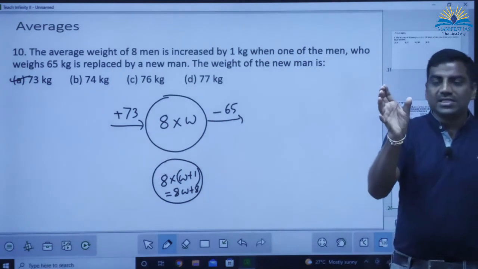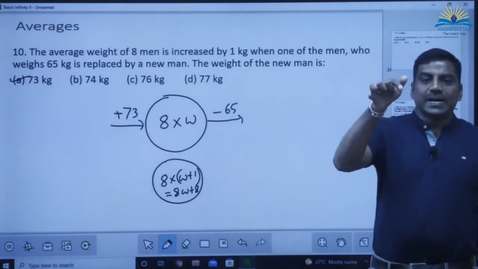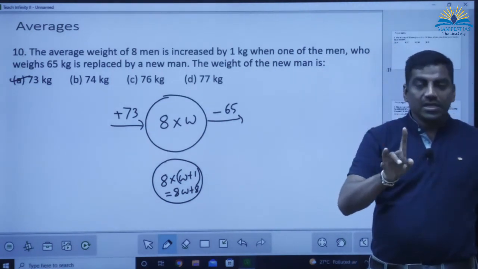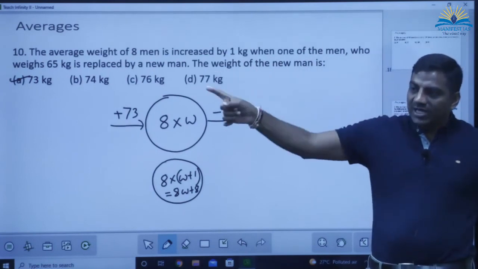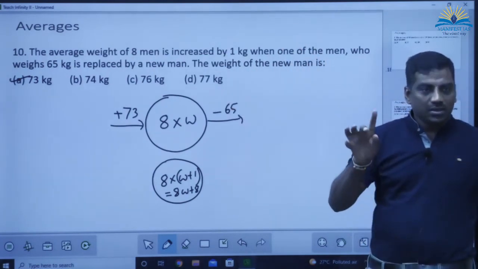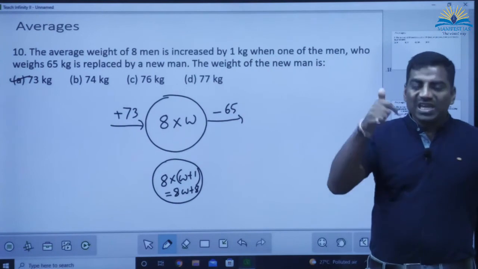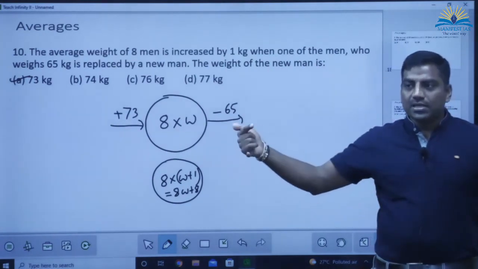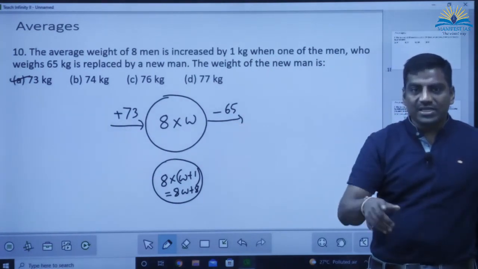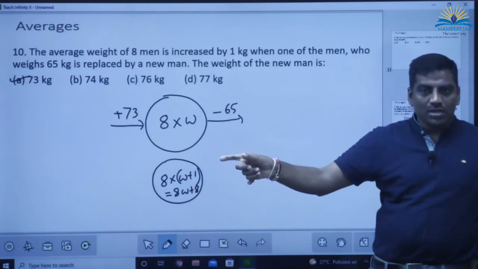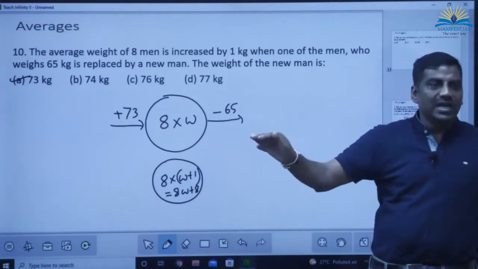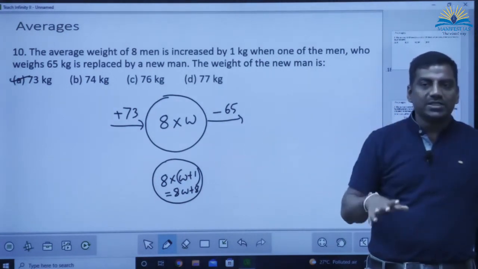You have to see in this whole transaction whether increase has happened or decrease has happened. If increase has happened, that is because of the incoming person only. He is bringing more value. If decrease is happening, then the incoming person is decreasing the average. The culprit is him only, so he has to be given lesser value. That is how your mind should work.